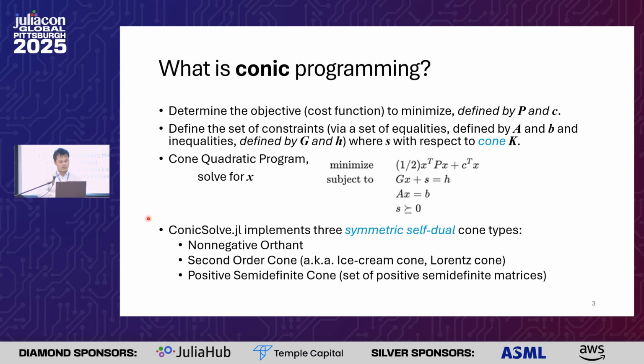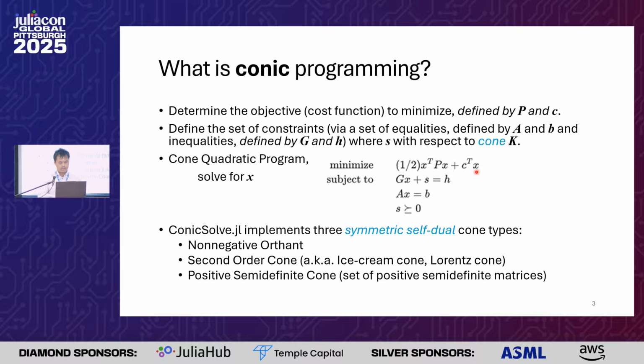ConicSolve is a conic optimization solver. The difference for this type of solver is that we have what we call a conic quadratic program, and these functions are given by matrices and vectors. The variables here are p, x. X is the variable that we're trying to solve for.